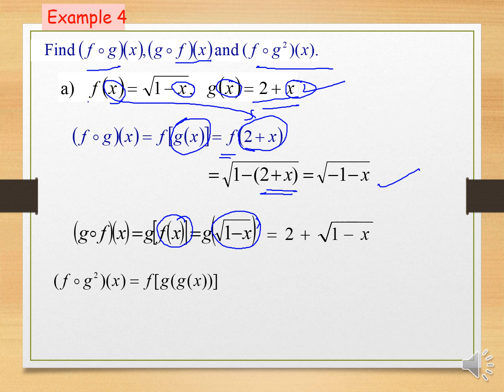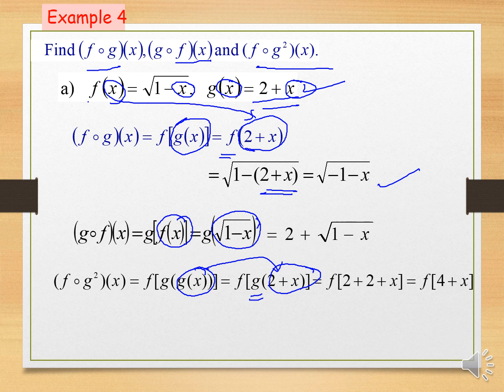For f composite g squared x, this means f composite g composite g(x). We need to find g(g(x)) first, and g(x) is given as 2 plus x. Now, 2 plus x is the input for function g. Therefore, we have f of 2 plus the new input 2 plus x.